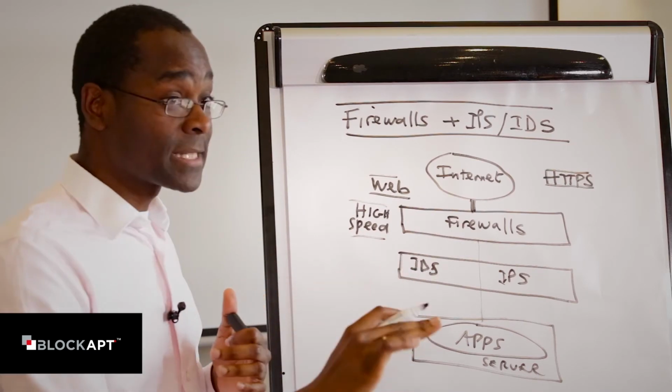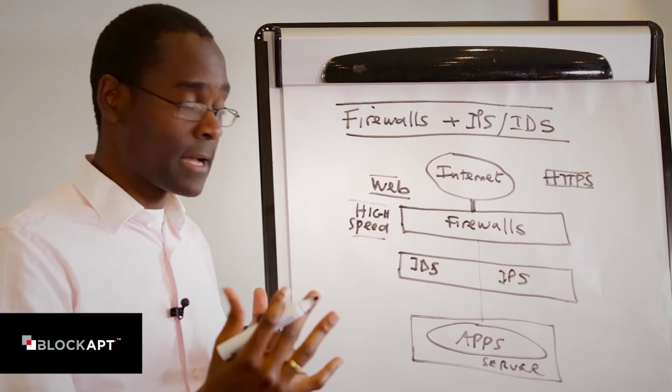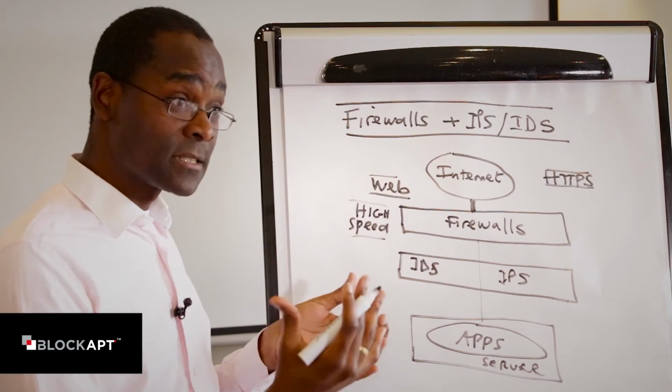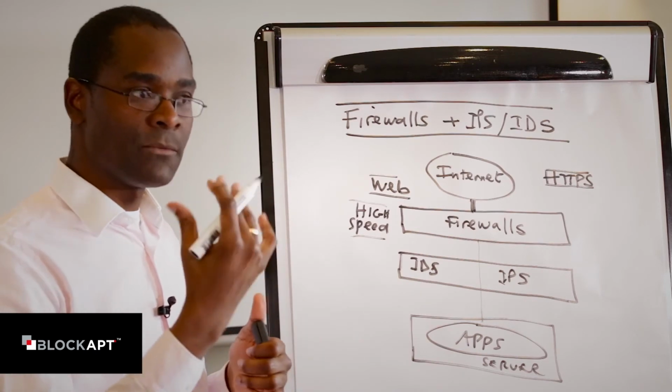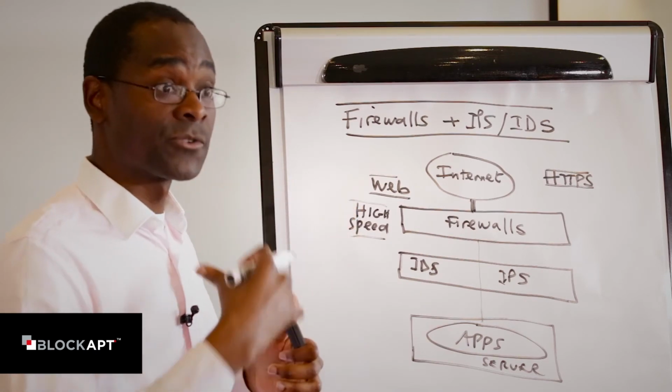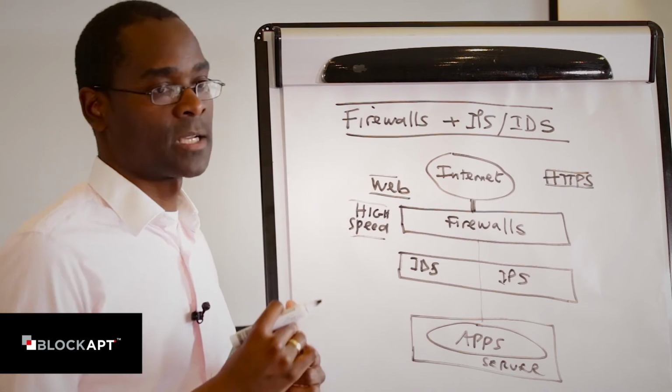The IDS is usually very passive. It will tell you that something is happening, but will not have the means to stop it, whereas the IPS will see something happening and can go ahead and do something, like trigger an event that will stop that transaction from going through.